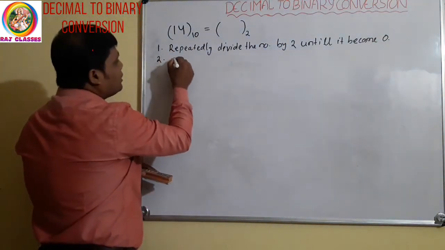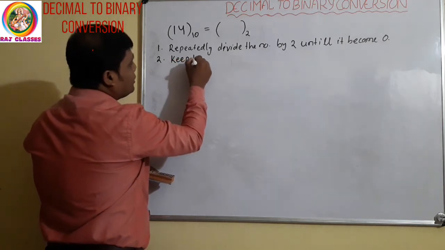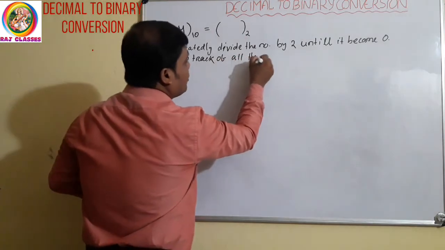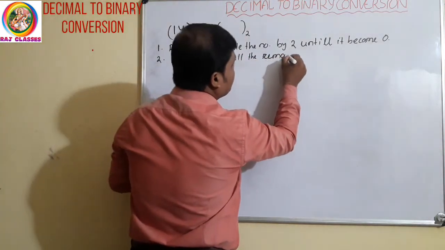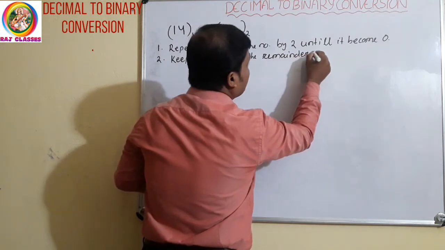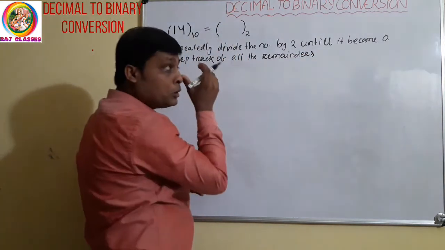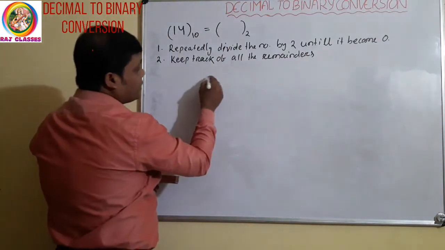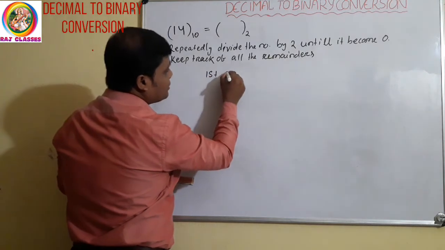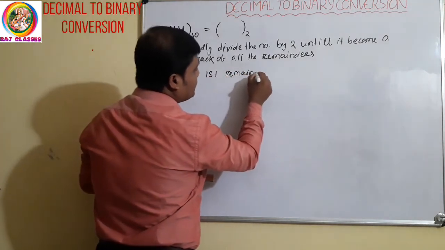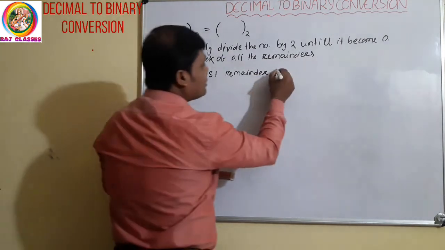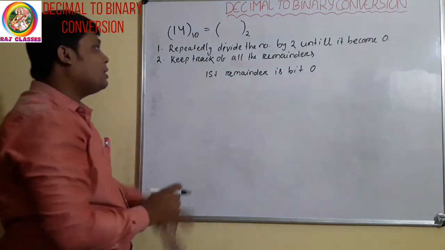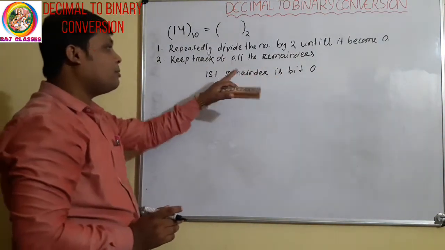Then second, keep track of all the remainders. The first remainder is bit 0.